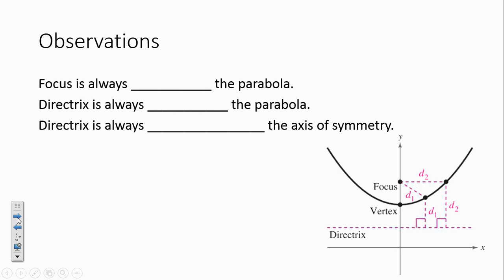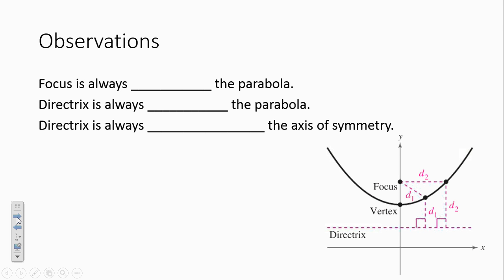All right, so the focus is always where with respect to the parabola? What do you think? Where's this focus? Above or inside? Inside the parabola?